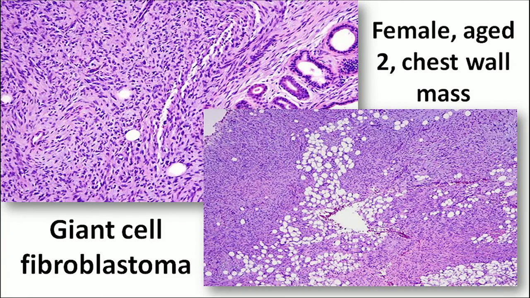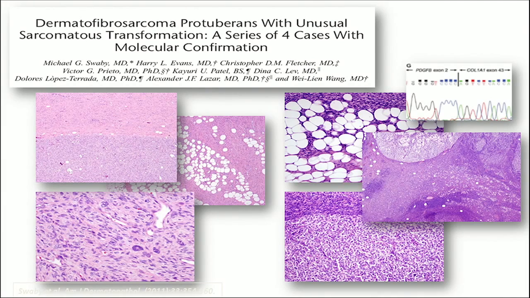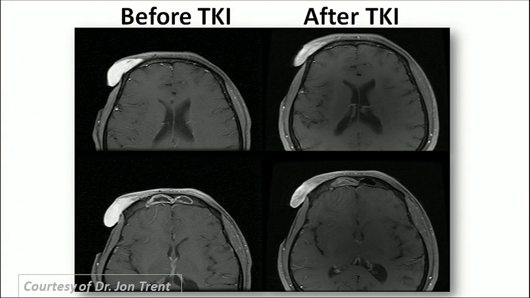This can sometimes be a challenge to recognize. And then you can have, in rare cases, a sarcomatous transformation of the cases that are a challenge to recognize as well. These are usually in recurrent tumors where the patient may have had the case as a child, and then they recur later in adulthood.